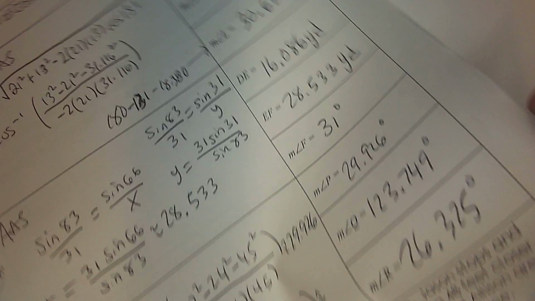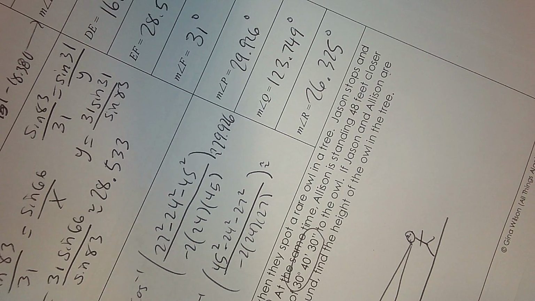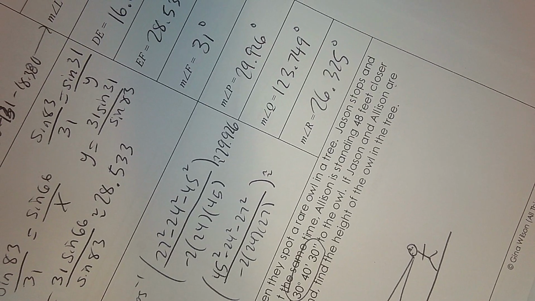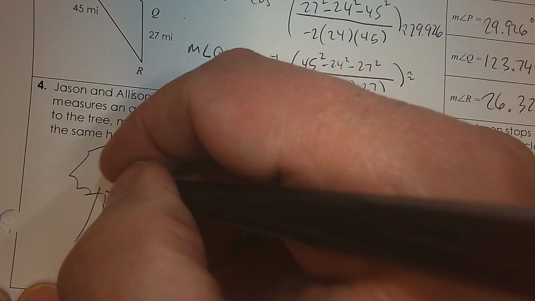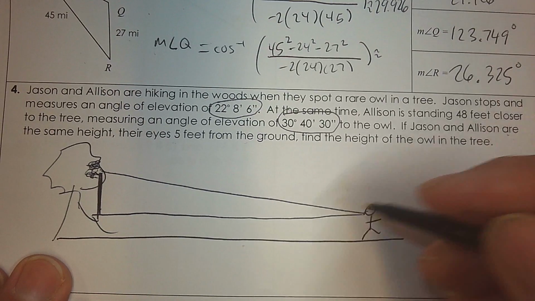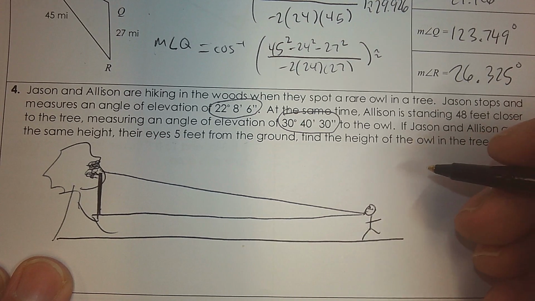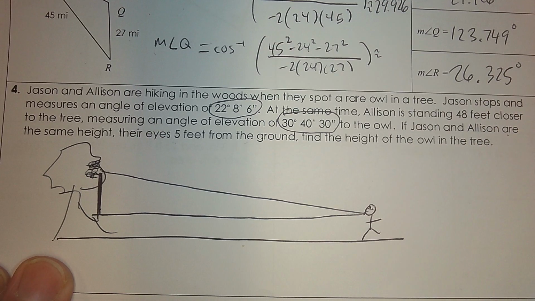Now, I need to draw a horizontal line to help me out with that. And this angle there is 22 point, and then it gives you 8 minutes and 6 seconds. Kind of silliness, right? 8 minutes and 6 seconds.